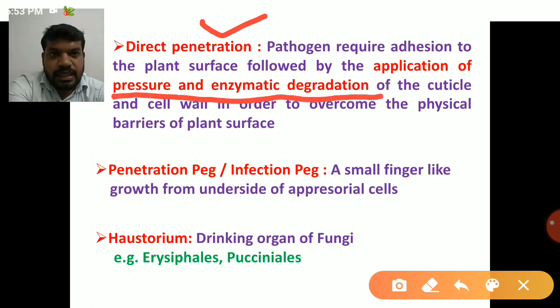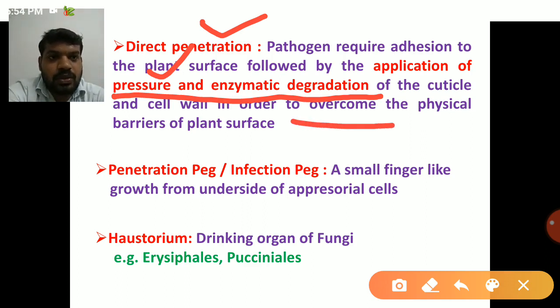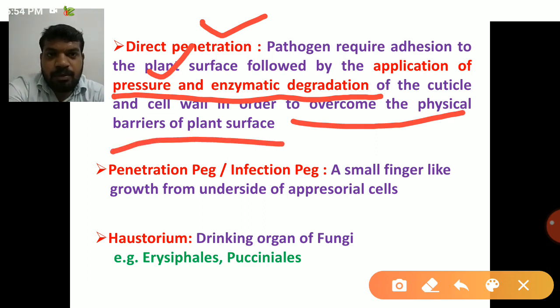In direct penetration, the pathogen produces degradation enzymes, also called lytic enzymes, like cellulase and pectinase, to puncture or dissolve the cellulose and pectin contents. The aggressive pressure is given by the swollen region, that is the appressorium, against the cuticle and cell wall, in order to overcome the physical barriers of the plant surface.